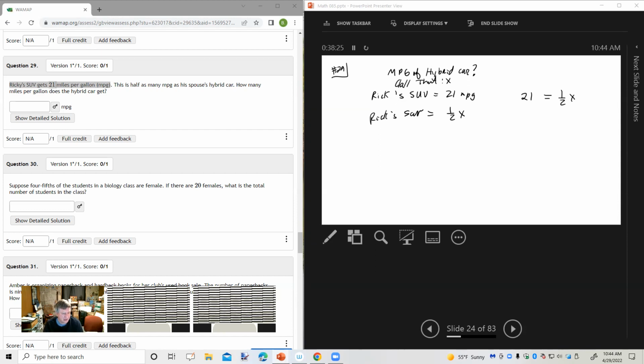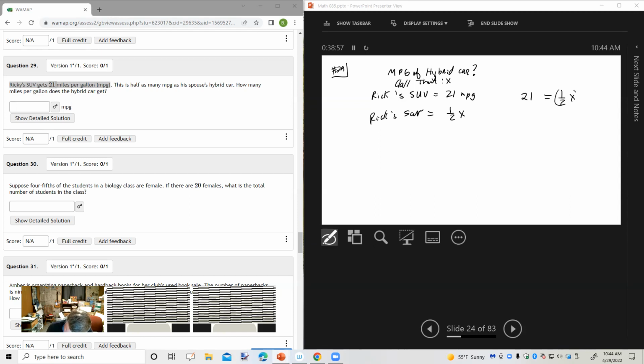Two different things that describe the same thing could be equal, right? Today is April 29th. Today is Friday. So you could say April 29th equals Friday. So Rick's SUV gets 21 miles per gallon, and Rick's SUV gets 1/2 the hybrid car, 1/2 X. Okay, so here's our equation.